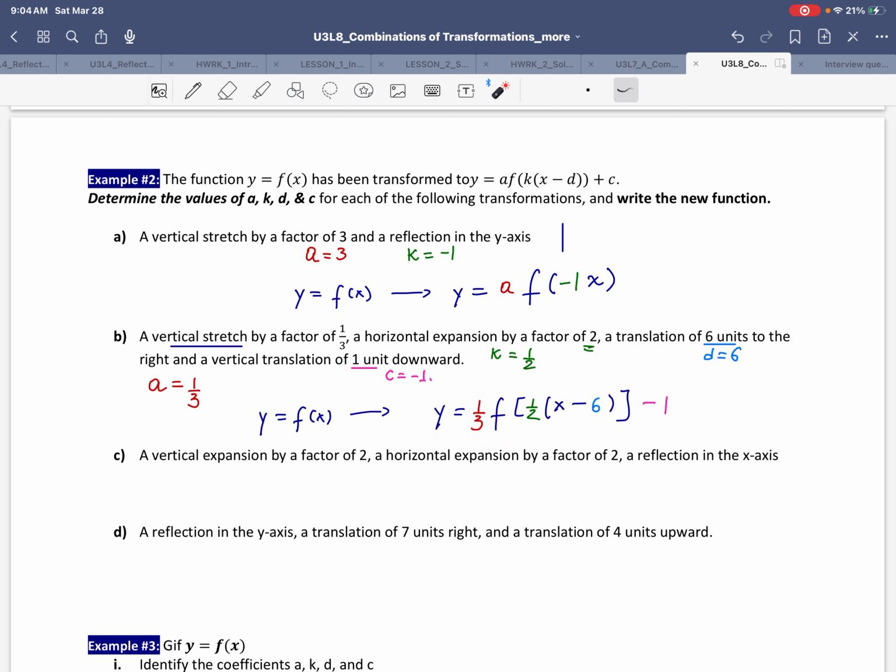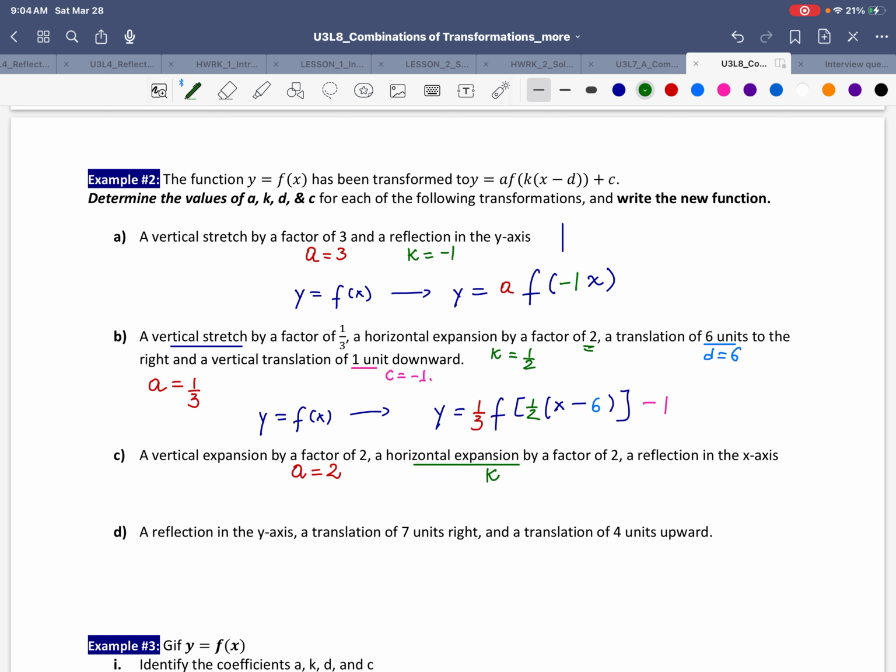Next, we have a vertical expansion by a factor of 2. So vertical expansion, that's a stretch, right? So we're going to have a working here to make the vertical expansion by a factor of 2, which means that a must be 2. Horizontal expansion, so expansion is the key word here.